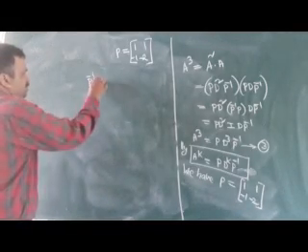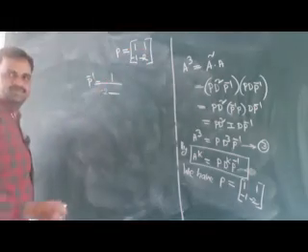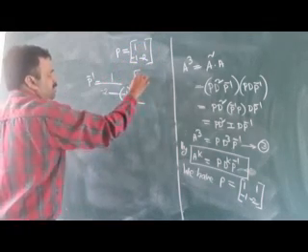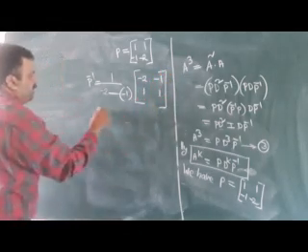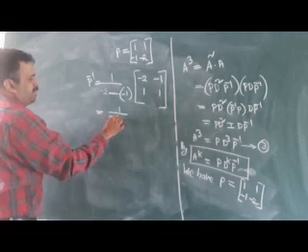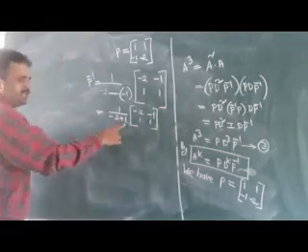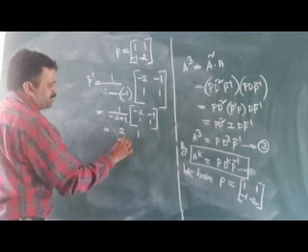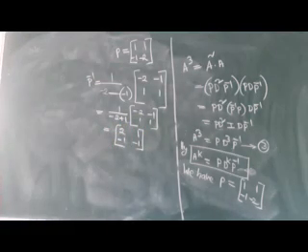P inverse is equal to 1 by (1 into minus 2 minus 1 into minus 1) times [D -B; -C A]. That is 1 by minus 2 plus 1, times [-2 -1; 1 1]. Minus 2 plus 1 is minus 1. So P inverse equals [2 1; -1 -1].